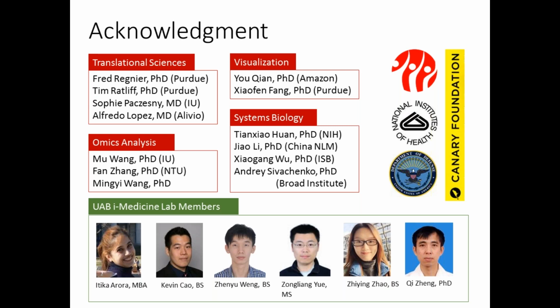Ten, fifteen years ago, the top echelon journals said, if you do not have power, if you do not have large enough sample size, if you do not correct for multiple testing, and if you do not have an independent replication built in your study, we're not sending your paper out for review, period.